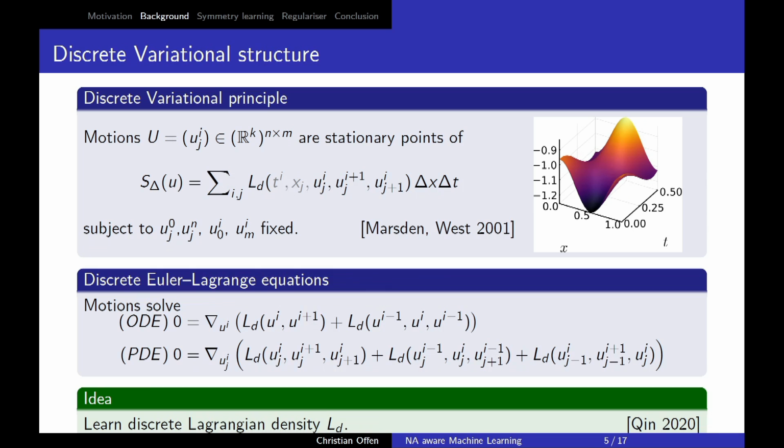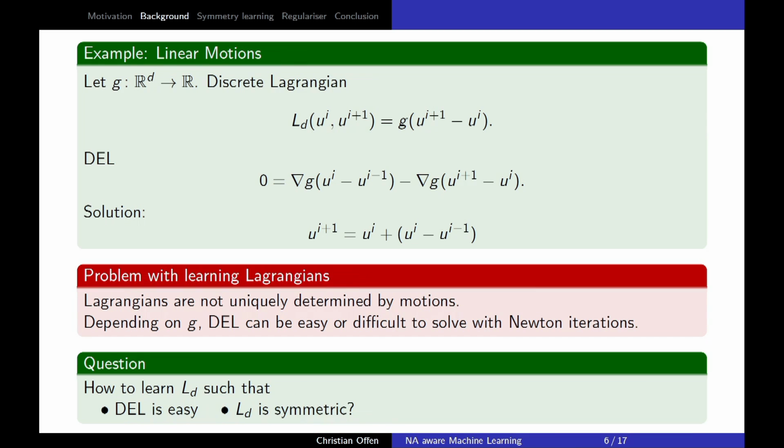But there's a very, very big problem when you do this without assuming more prior knowledge: this is not at all well defined. There can be many discrete Lagrangians that govern the same motions. Let me demonstrate this.